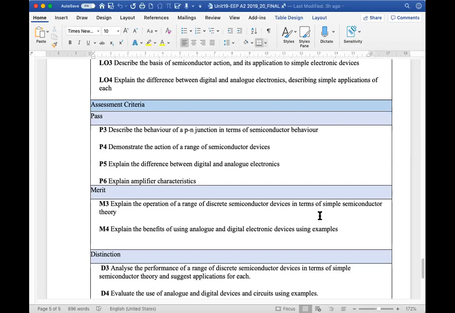And D4, evaluate the use of analog and digital devices. So this is where you're producing the revised logic circuit diagram, and it's where you are the pressure sensor and how that can be represented by a 12-bit binary word.